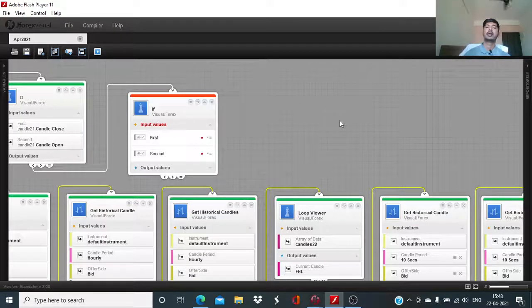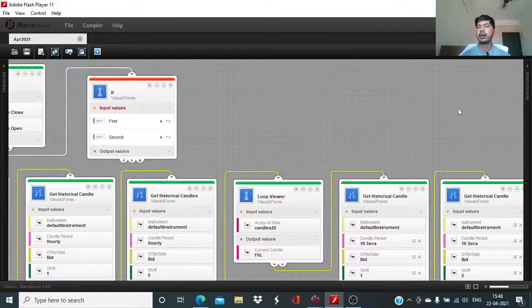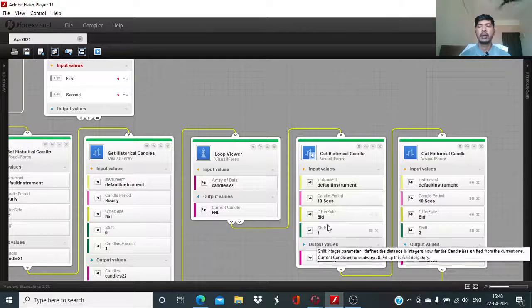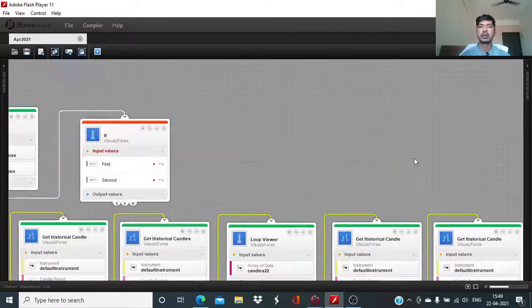And then it is going to be the turn of this get historical candle of 10 seconds each.